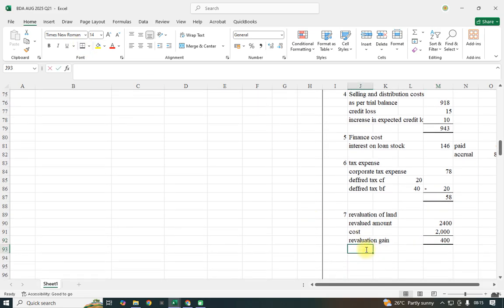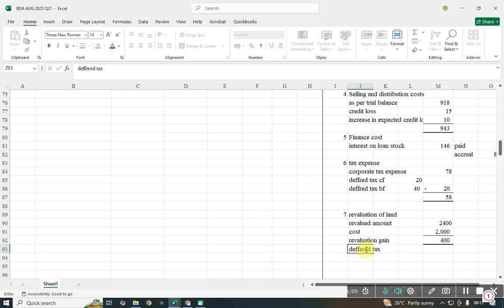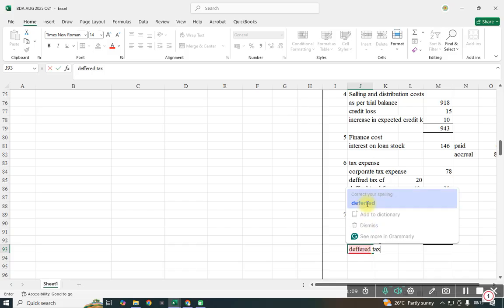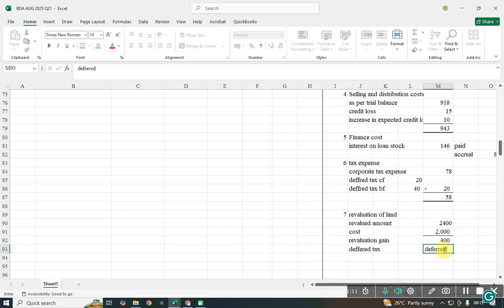So we shall have deferred tax on that, assuming a tax rate of 30%.